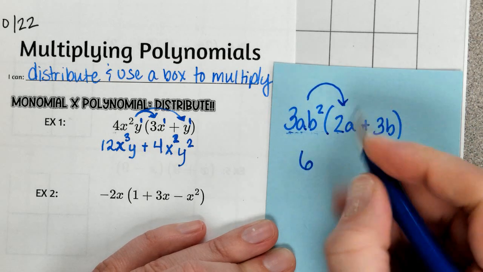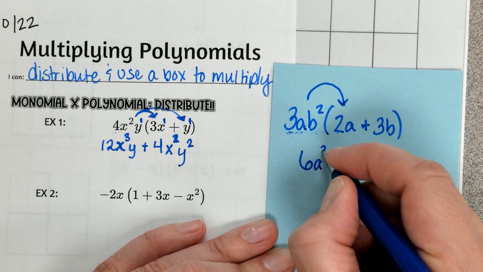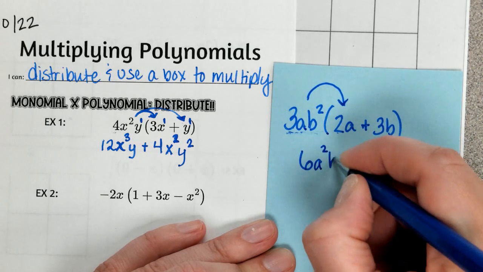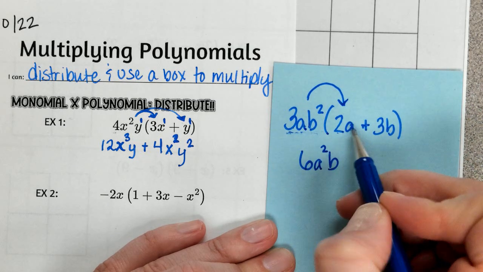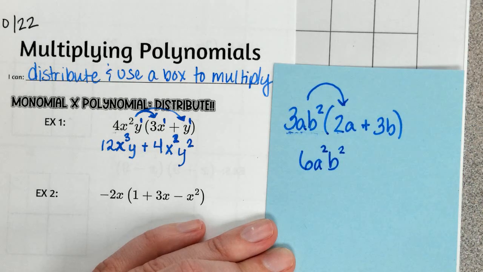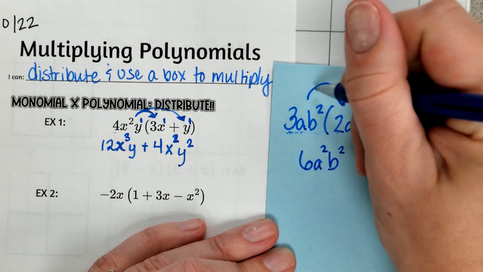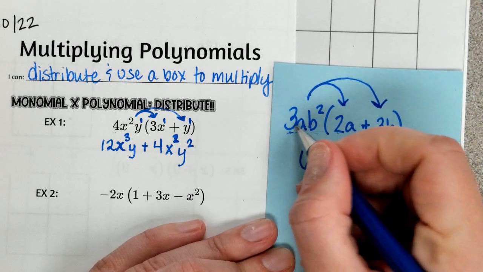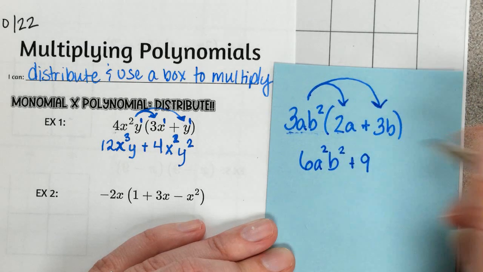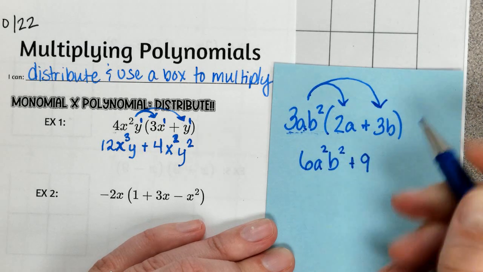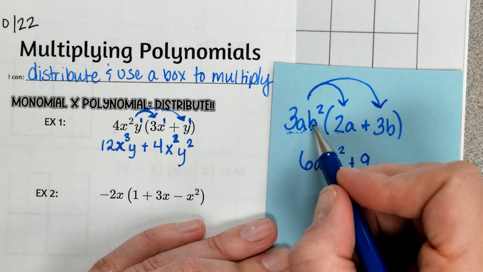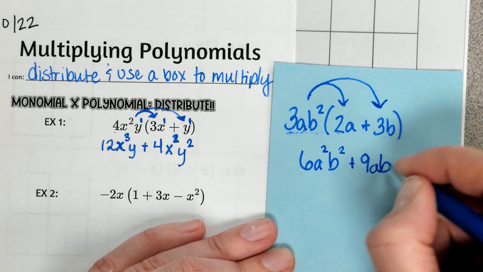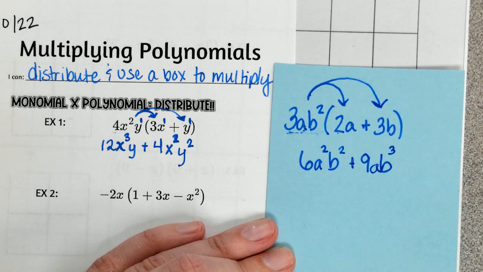A times a is a to the power of 2. And this term has a b squared. There's no other b squared, but I just keep it. And then 3ab squared times this. 3 times 3 is 9. There's no a to multiply with this. B squared times another b makes b to the 3rd.